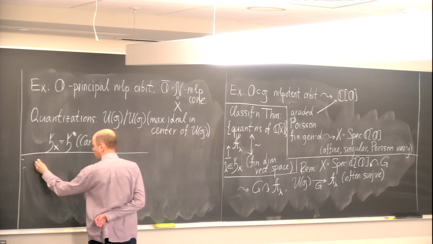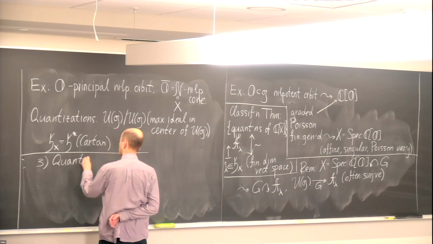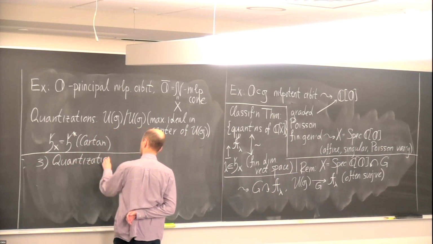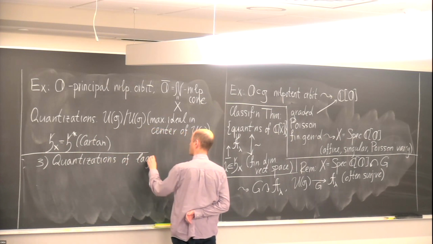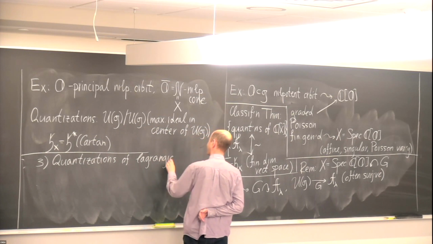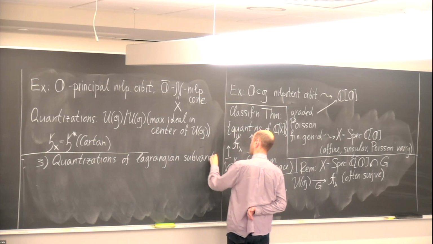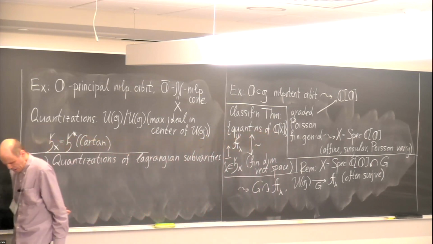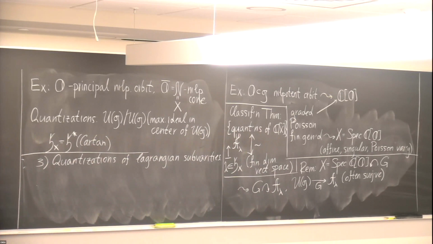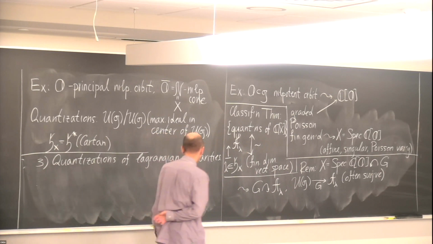So let's get to the main part and talk about quantizations of Lagrangian subvarieties. And I want to start by defining the notion of a Harish-Chandra module in the general context of quantizations.